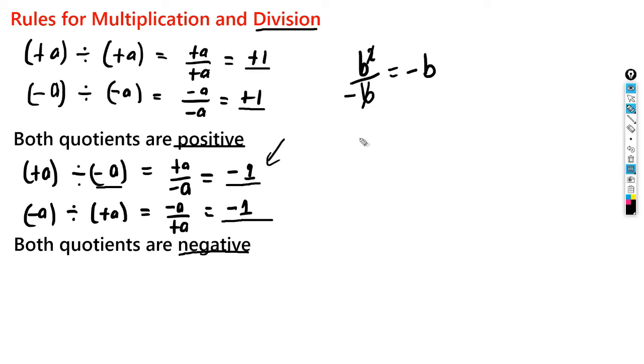Okay, and if you divide a squared by a, which is two positive numbers, you're going to get a, this cancels this too, and you're just going to get a positive a, right? So this is pretty simple, guys. It's pretty easy to see that anytime you divide a positive number by a negative number, you're going to get a negative number, and when the signs are the same, it remains positive. When the signs are not the same, it's going to be negative.